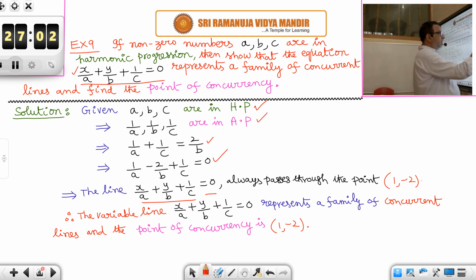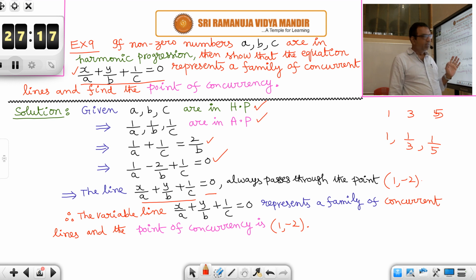For example, you take 1, 3, 5. Are they in AP or not? Yes, they are in AP. Then take the reciprocals: 1 by 1, 1 by 3, 1 by 5. These are in HP. Give these values to A, B, C. So A, B, C will be in HP, and by putting those values here, you get the equation of one line.